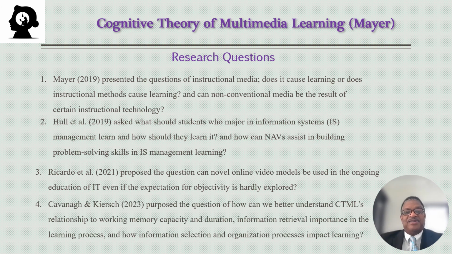And then Kavanaugh and Kirsch proposed the question of how we can better understand the cognitive theory of multi-process learning, the relationship in working memory capacity and duration, information retrieval, importance in the learning process, and how information selection and organization processes impact learning. Okay, those are all interesting questions. So they did studies to try to answer these questions.